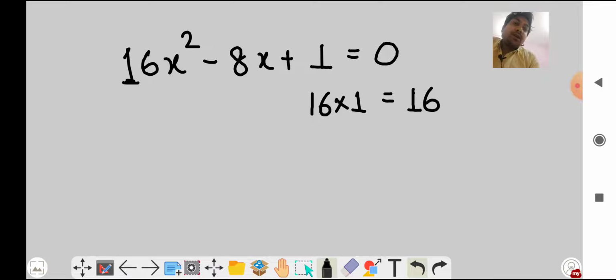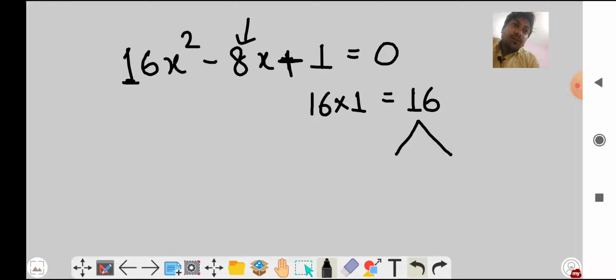Now we are going to find the factors of 16 such that, here is the plus sign, this means that we have to find the factors of 16 such that the addition of these two factors will result 8, right?